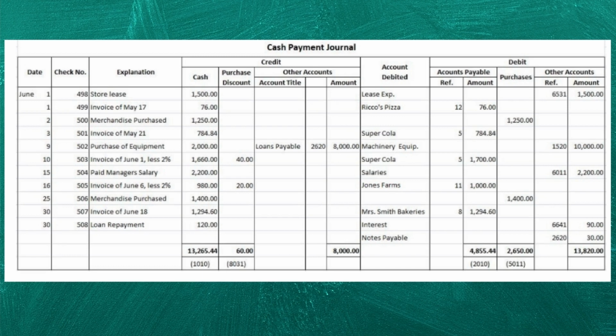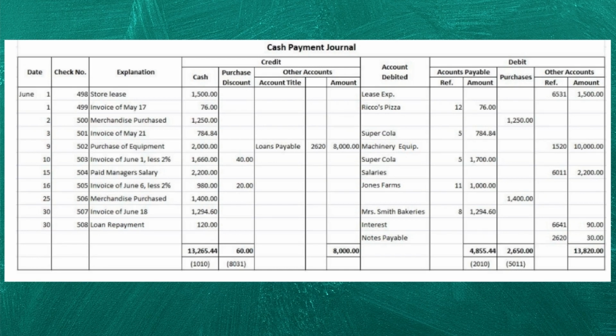The journal has a date column, a check number column, a payee column, and at least two credit columns, one for cash and one for purchase discounts. The other credit column is for other accounts. If necessary, other specific account columns can be added if they are used routinely.